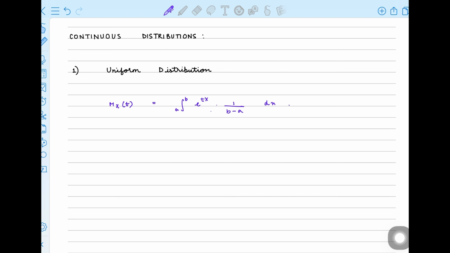That is, e to the power tx times the probability of the random variable x integrated over the range of x. This gives us the final MGF.